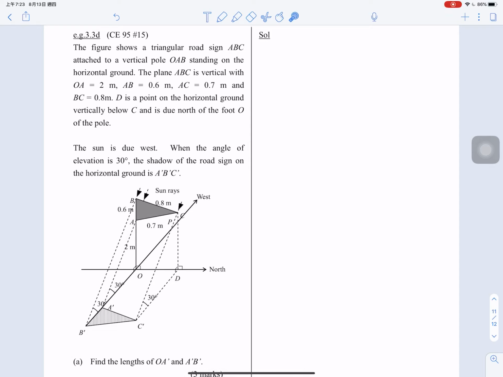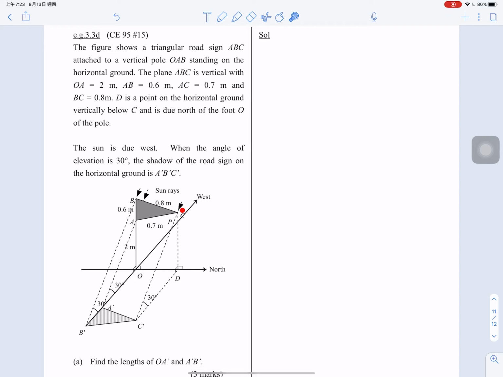The plane ABC is vertical with OA 2 meters, AB 0.6 meter, AC 0.7 meter, and BC 0.8 meter.